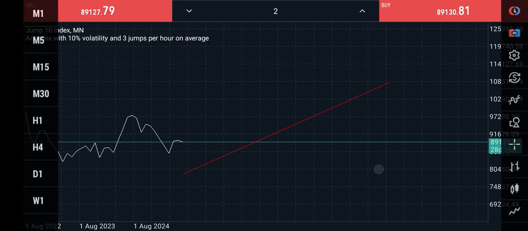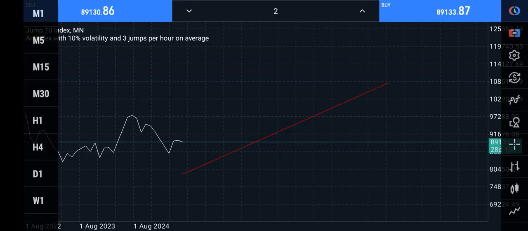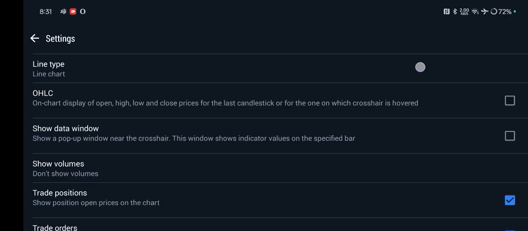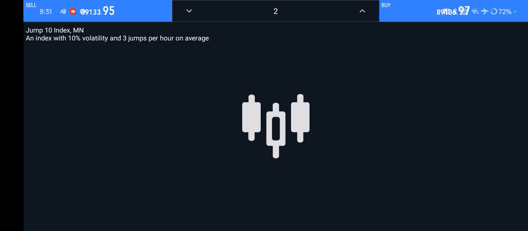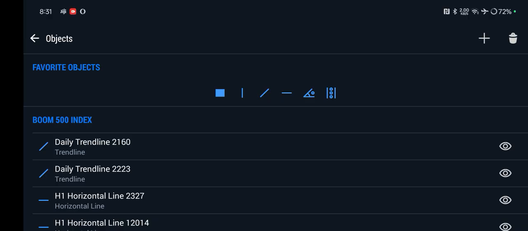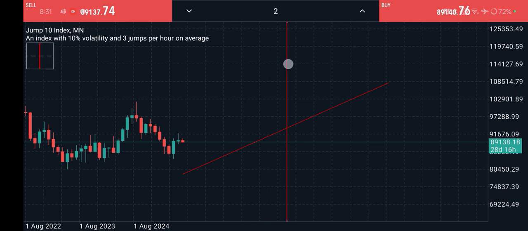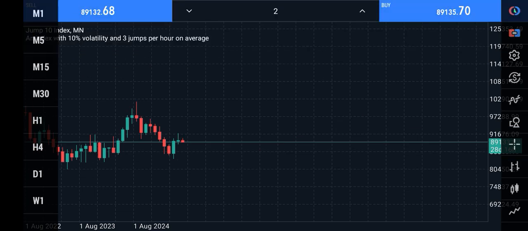Let me change this back to my candlestick bar. So all these are lines. It's nothing complicated, so let's just move easy. Slow and steady wins the race.